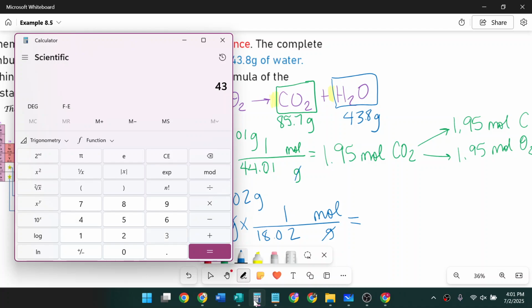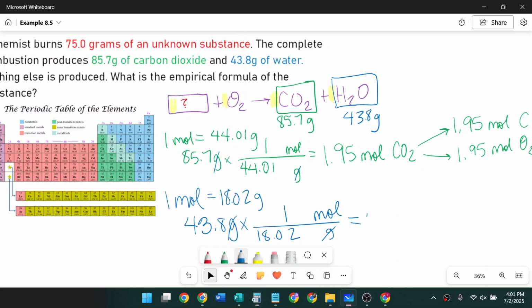So we have 43.8 divided by 18.02, and that gives us 2.43 moles of water, which means we have 2.43 moles of H2, and we have 2.43 moles of more oxygen.